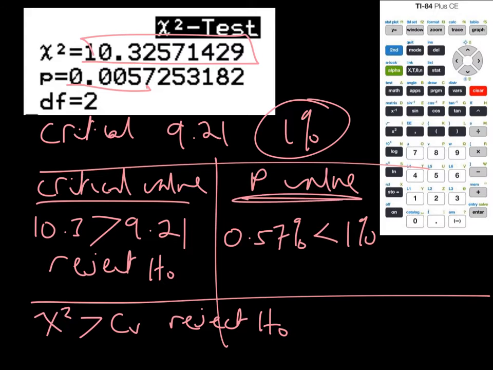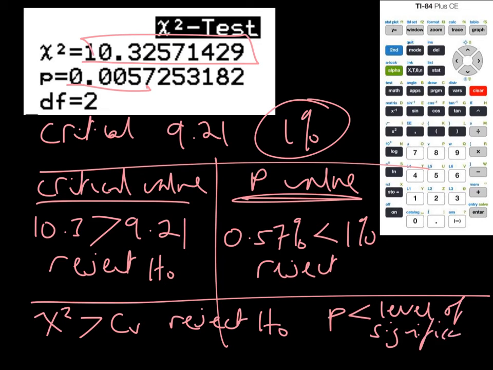Now when you're looking at p-values, your value has to be less than the probability in the question for you to reject it. So again, we can generalize that and say if your value of p is less than the level of significance, then you will also come to the same conclusion, which is to reject the null hypothesis.